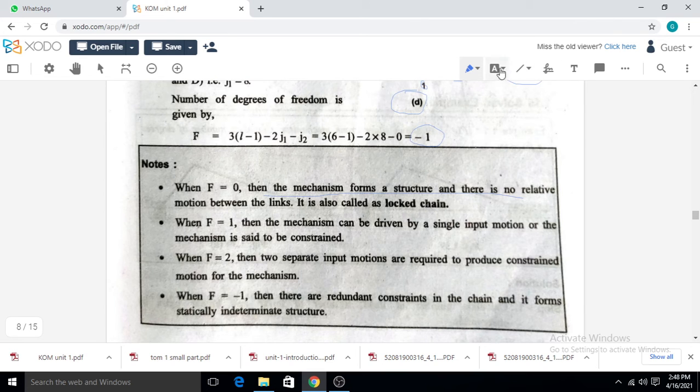Meaning if there is a mechanism having a degree of freedom equal to 0, then it is not a mechanism, it is a structure. And what is the meaning of F is equal to 0? There is no relative motion between the links. When F is equal to 0 there is no relative motion between the links, and it is also called a locked chain.